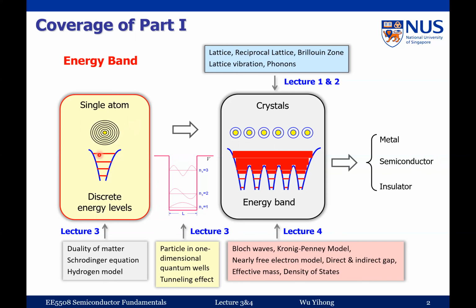Okay, so now if you come back to this single atom picture, just now we explained that the behavior of electrons at a steady state or equilibrium state basically can be described by this Schrodinger equation. In the Schrodinger equation, on the left-hand side, you have this Hamiltonian. If you use the Hamiltonian to act on the wave function, it will generate a new wave function.